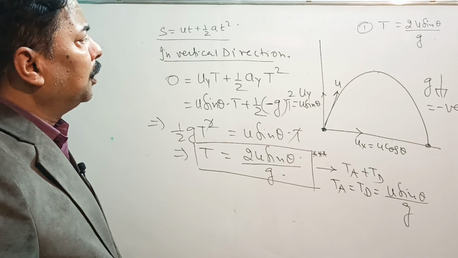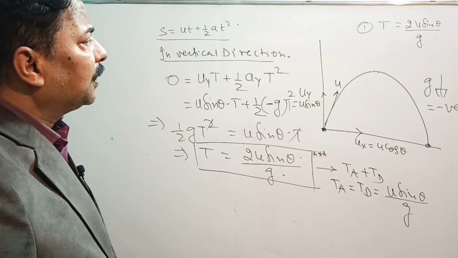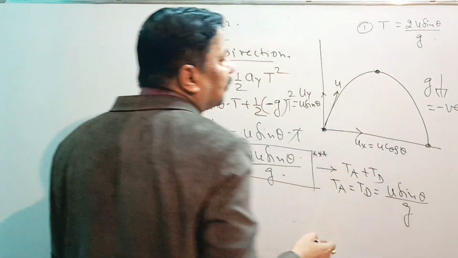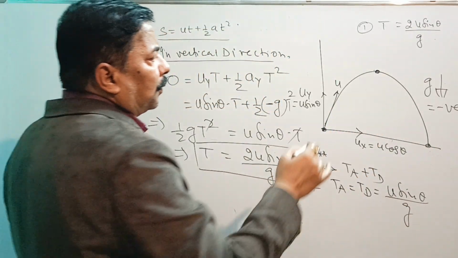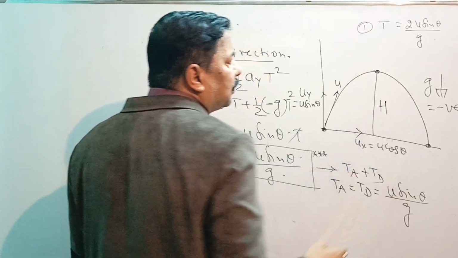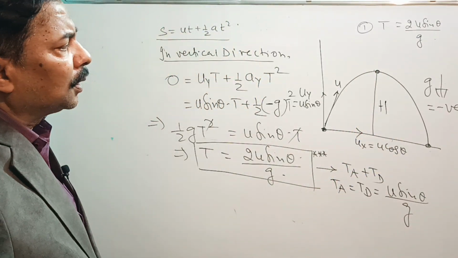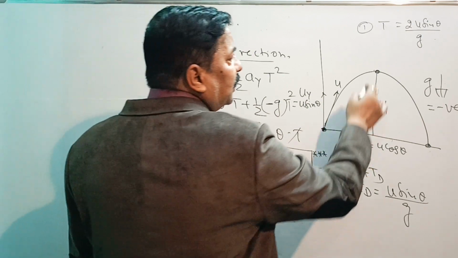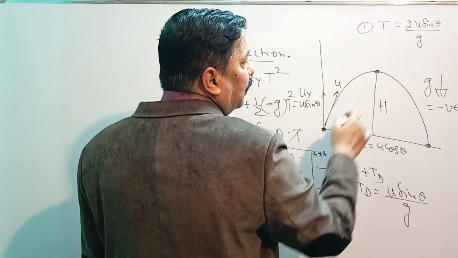Now let us move to the next expression, that is the expression for maximum height. For maximum height of the projectile h, if we take the vertical motion, because h is due to the vertical motion.